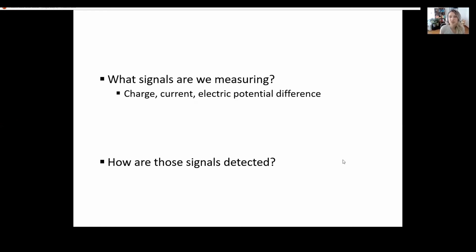But the same principles apply if you're measuring EMG, so a skeletal muscle, for instance, in the arm, or ECG, your heart, or EEG and LFP. Any sort of extracellular electrophysiology will have exactly the same principles, even if the acquisition systems look a bit different or the electrodes are quite different. The principles are all the same.